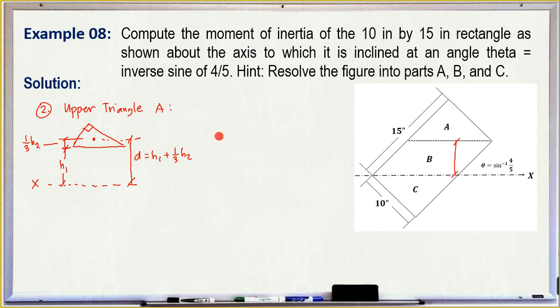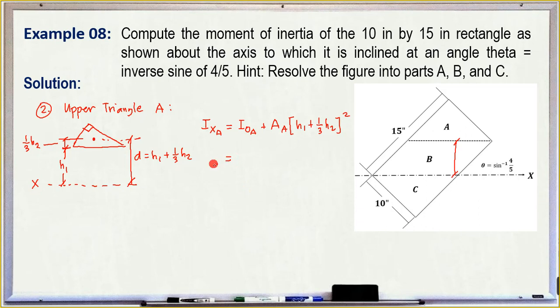So applying the parallel axis theorem, we have Ix of this triangle A equal to I_0A plus the area of triangle A times the square of its distance, so (h1 plus 1/3 h2) squared.